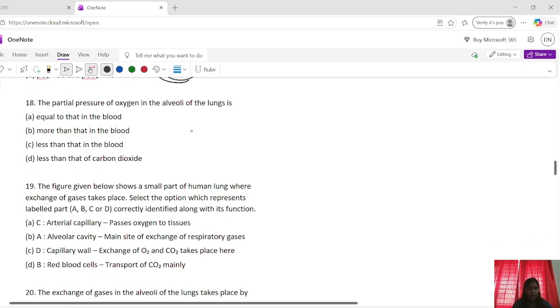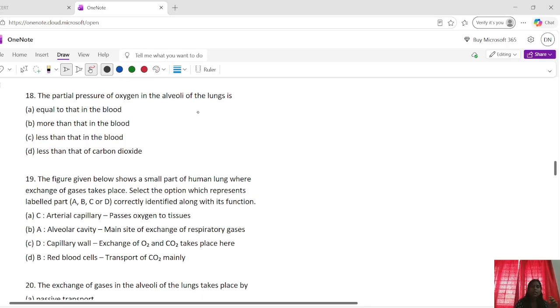Okay, let's move on to the next question. What is the next question? Partial pressure of oxygen in the alveoli of the lungs: PO2 in the lungs is equal to that in the blood, more than that in the blood, less than that in the blood, less than that of the carbon dioxide.